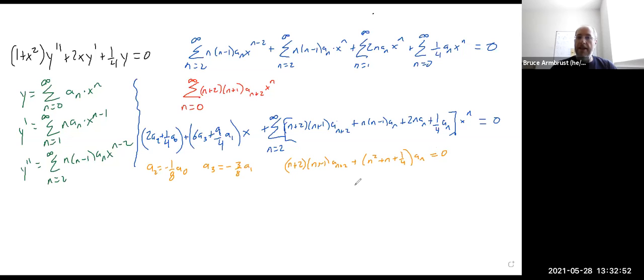But again, I know that needs to equal 0. So a sub n plus 2 is going to equal negative n squared plus n plus 1/4 divided by n plus 2 times n plus 1 times a sub n.